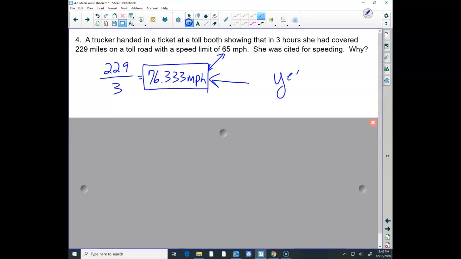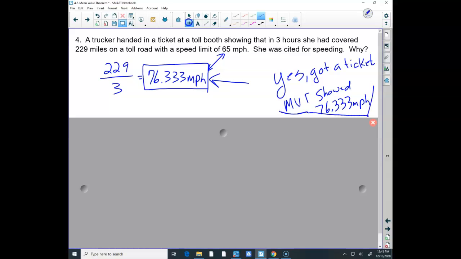Therefore, yes, she got a ticket. Why? Because the mean value theorem showed 76.333 miles per hour average. Guaranteed she was going at least 76 and a third miles per hour at least once.